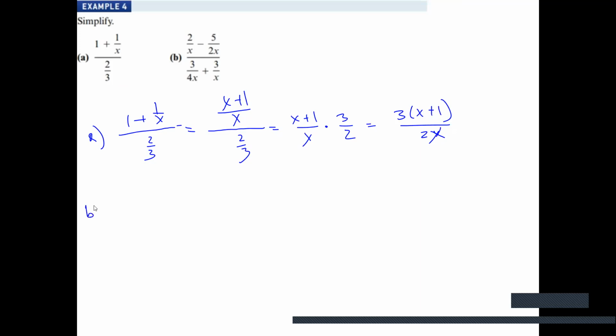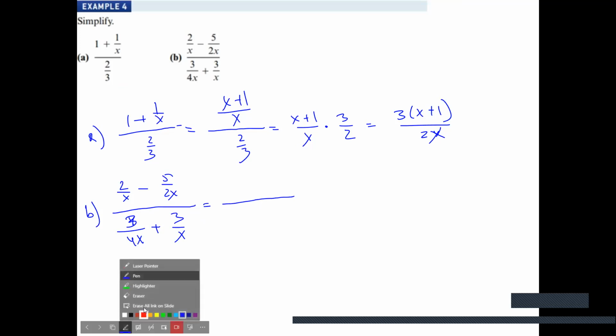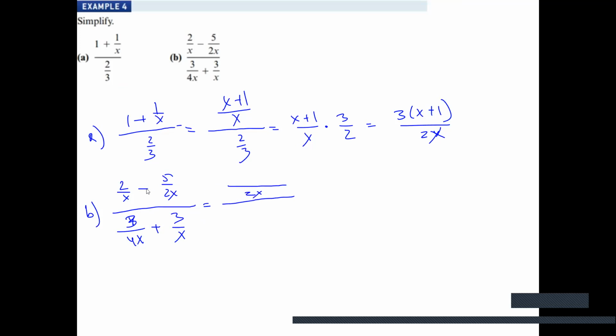Let's see B. 2 over x minus 5 over 2x, over 3 over 4x plus 3 over x. Okay, for now, we keep a big fraction. Okay, let's do it. What I have, 2x here. So 4 minus 5, that's it.